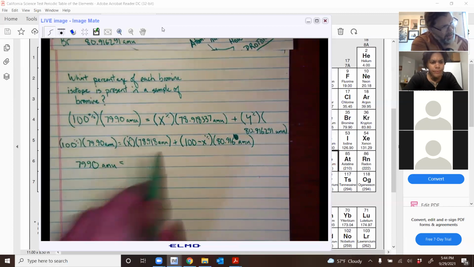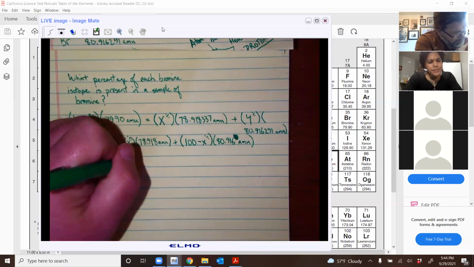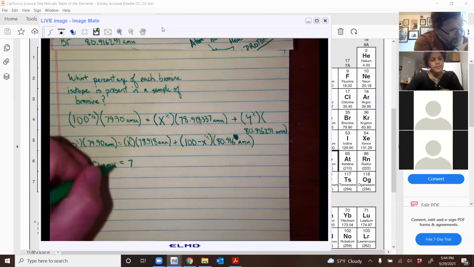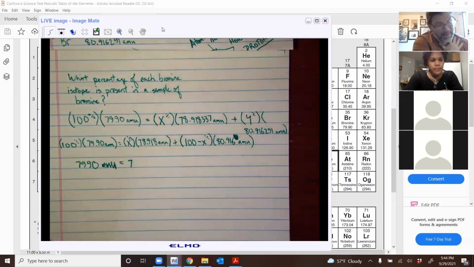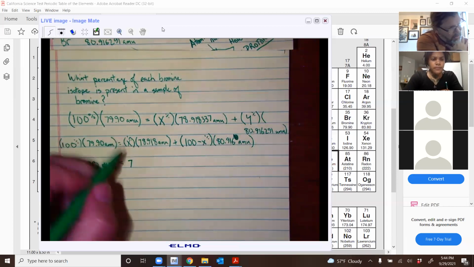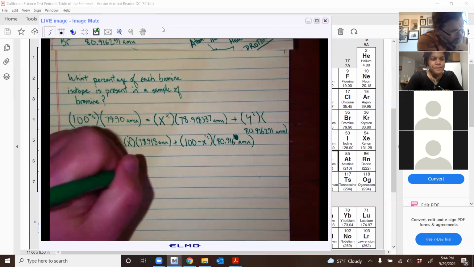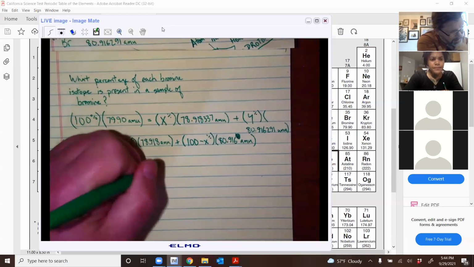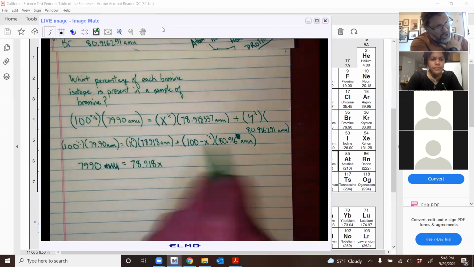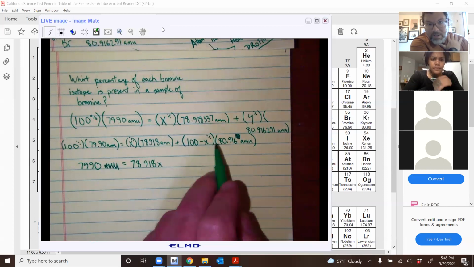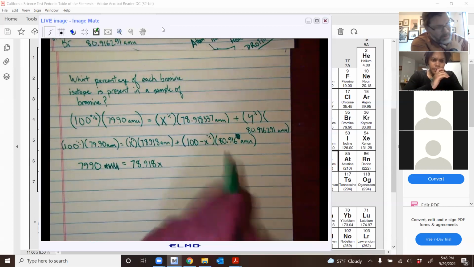And then on the other side, I'm just going to cut the variables out because we know that the x is a percentage anyway. So 78.918 times x. And then here's where you might run into issues. Remember that we have to multiply both of these two terms by 80.916.